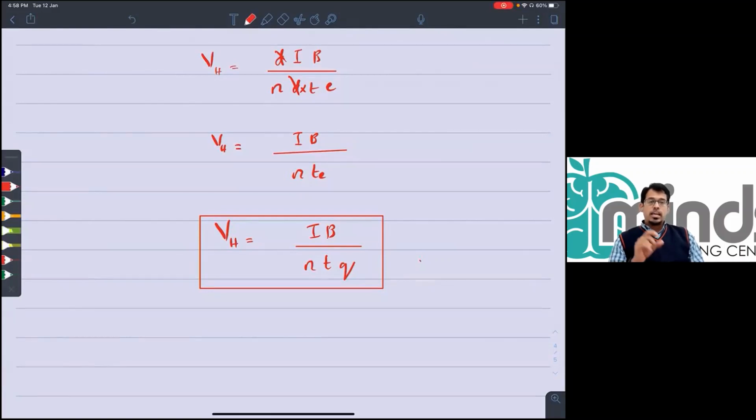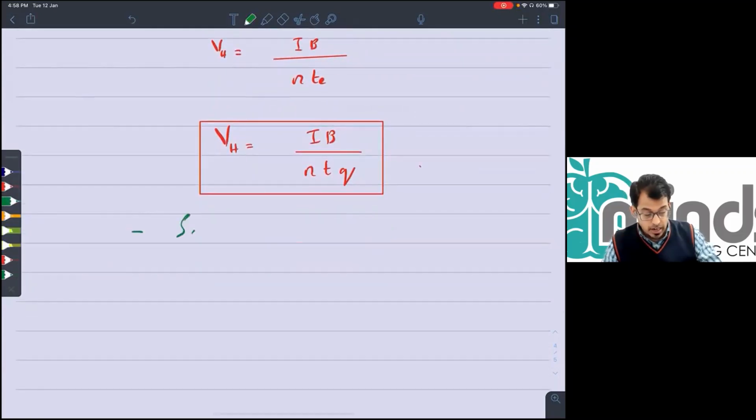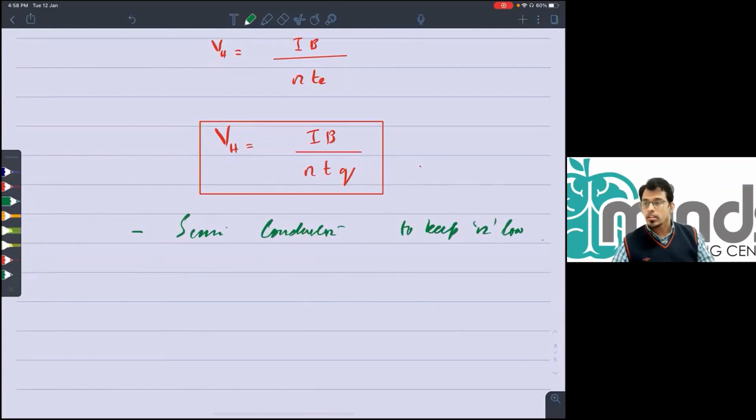Just because of the inverse relationship between Hall voltage and electron or charge density. Since in a conductor charge density is very large, Hall voltage, which is already very low, will decrease further. So instead of a conductor, we use a semiconductor, to keep N low.